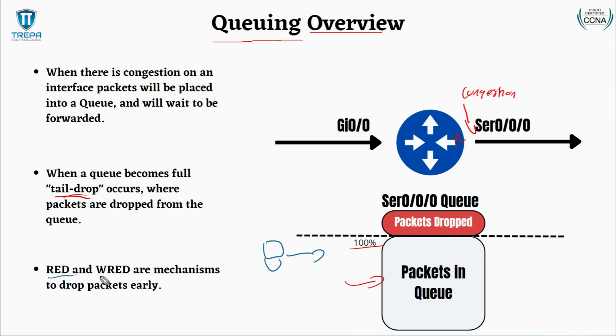So we have technologies called random early detection, or weighted random early detection, that allow us to detect a queue getting filled up prior to it being dropped. It allows us to drop some packets before the queue actually fully fills up, and that avoids what we call tail drop.